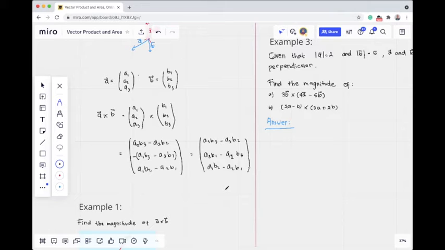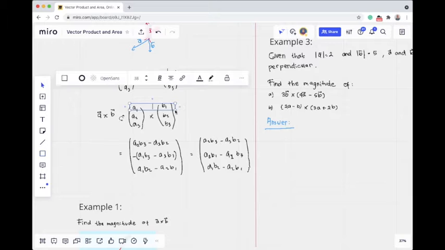Maybe you have a question, Miss, is there an easiest way to remember this? So we can find this pattern.